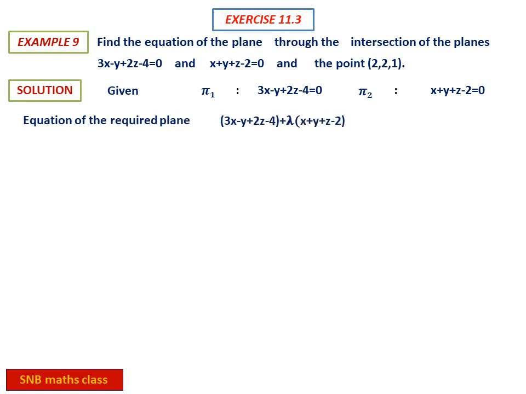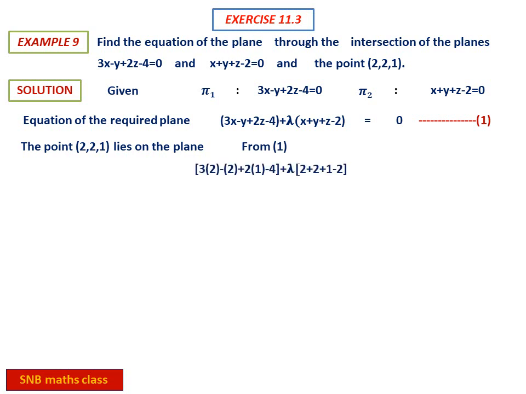Equation of the required plane, what is the formula? Since it is given in the Cartesian form, we can write it as 3x minus y plus 2z minus 4 plus lambda times (x plus y plus z minus 2) equal to 0. This is the equation of the plane. Now let us take it as equation 1. To find lambda, what you have to do is substitute 2, 2, 1 into 1, because the point lies on the plane.